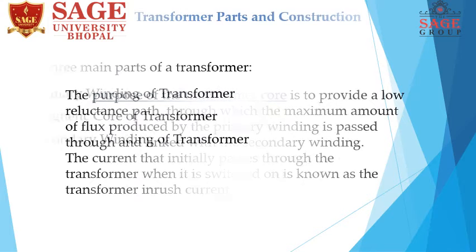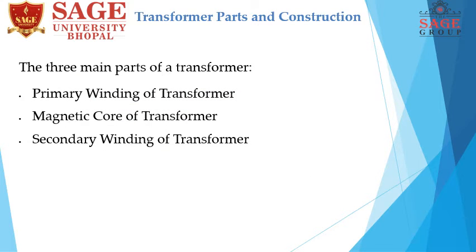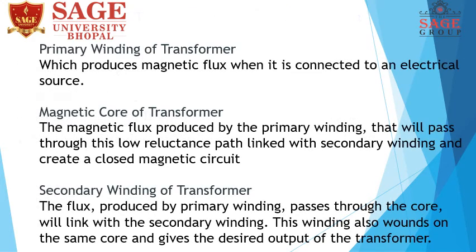And now the basic transformer parts and construction. The three main parts of a transformer: first is the primary winding, second is the magnetic core, and third is the secondary winding. The primary winding produces magnetic flux when it is connected to an electrical source.